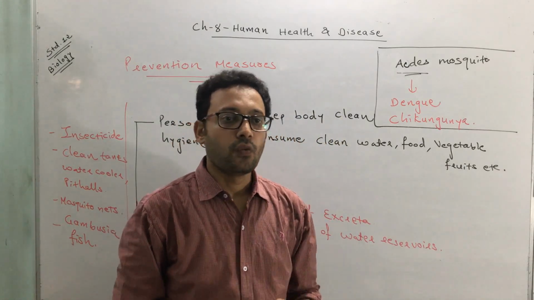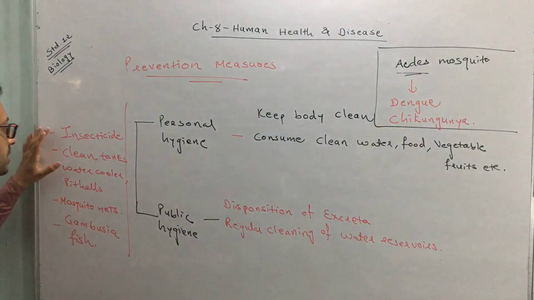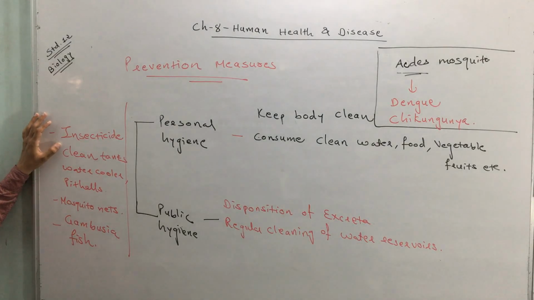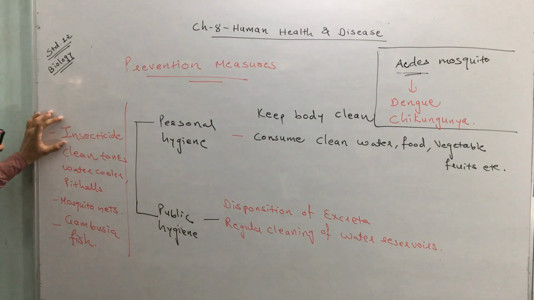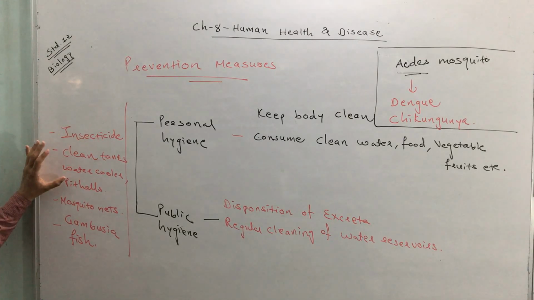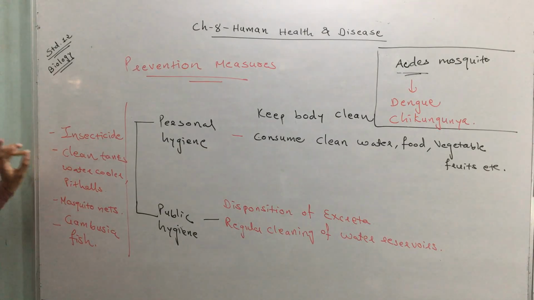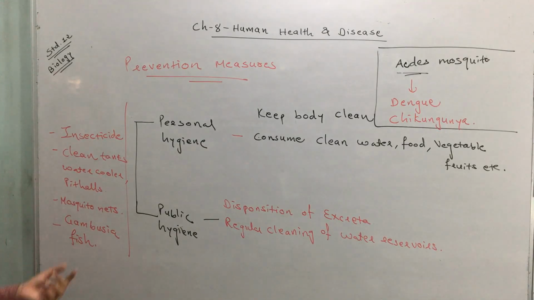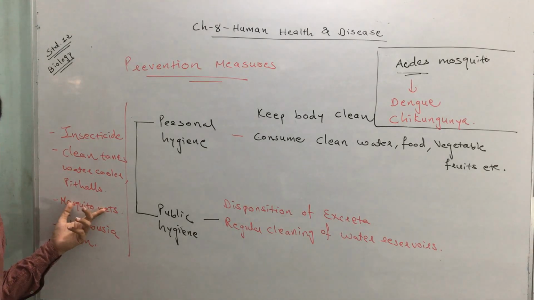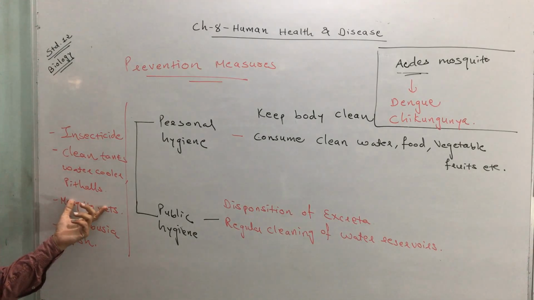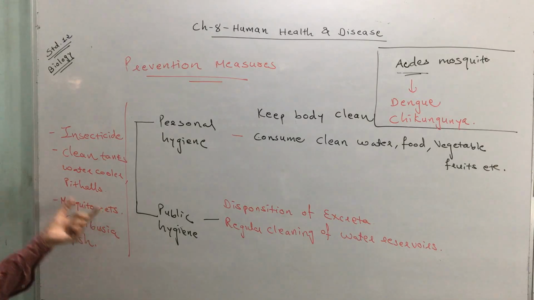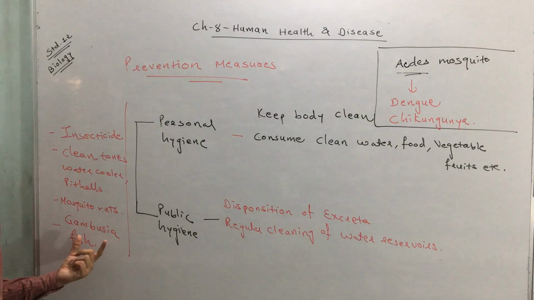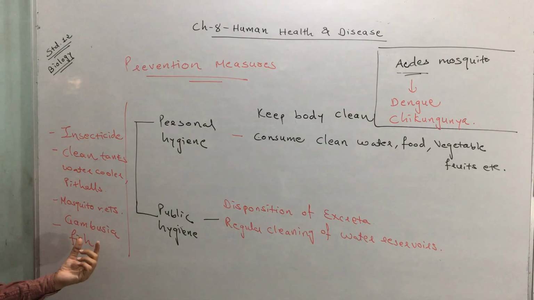Okay, so in case of vector-borne diseases, you have to keep control of insects, that may be flies or mosquitoes. How can you control them? By using insecticides, by regular cleaning of tanks, water coolers, pit holes where there is a reservoir of water or stagnant water. You can also use mosquito nets because they prevent the entry of mosquito into your house, or you can use wire meshes on doors and windows, which also do the same.